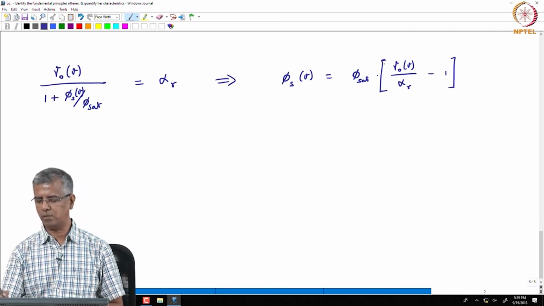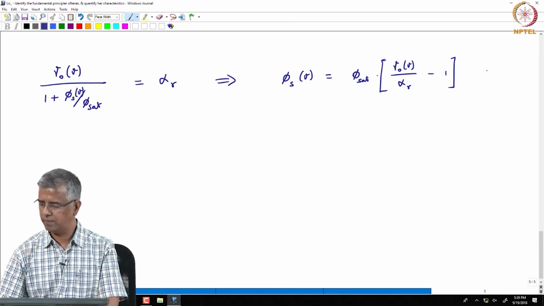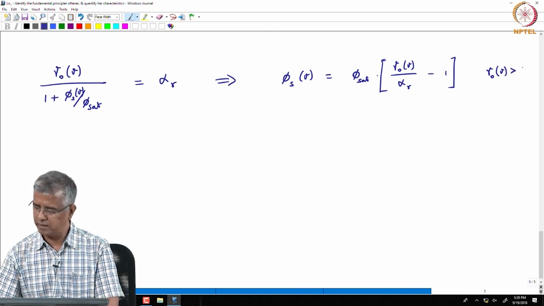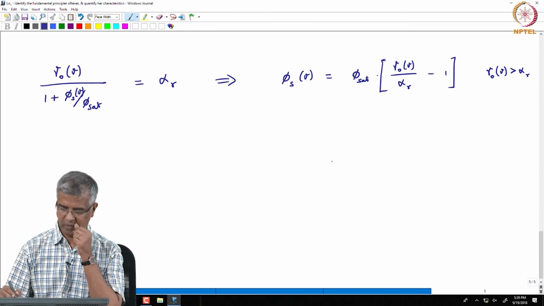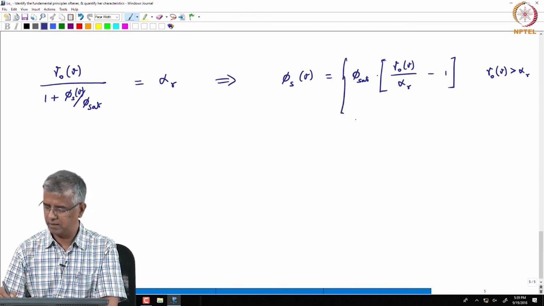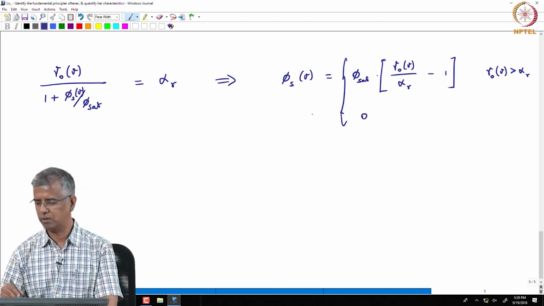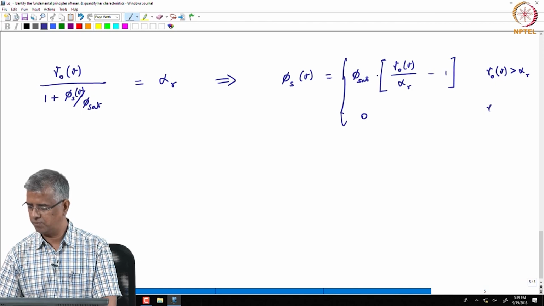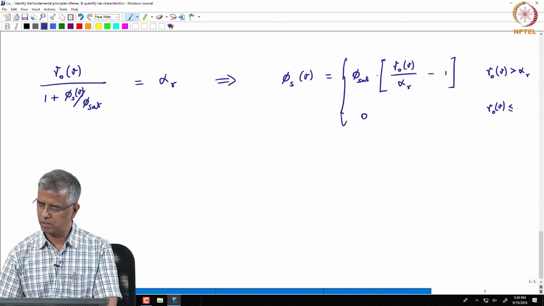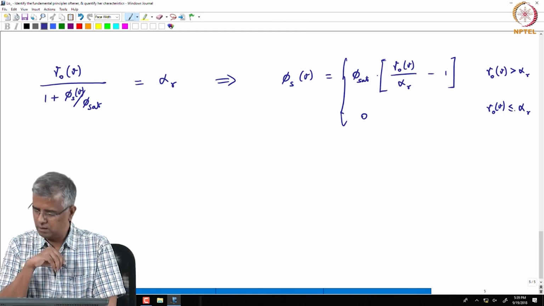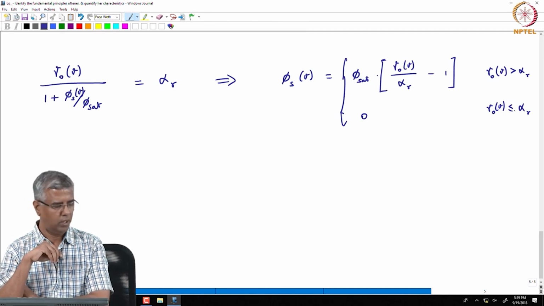But this is valid only when this small signal gain is greater than alpha r. Without that, what do you have? You essentially have 0 signal photons, if the small signal gain coefficient is less than or equal to the resonator loss coefficient.